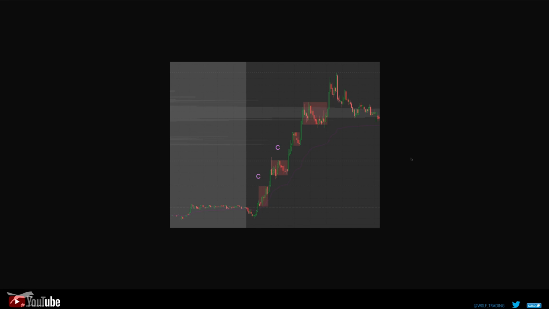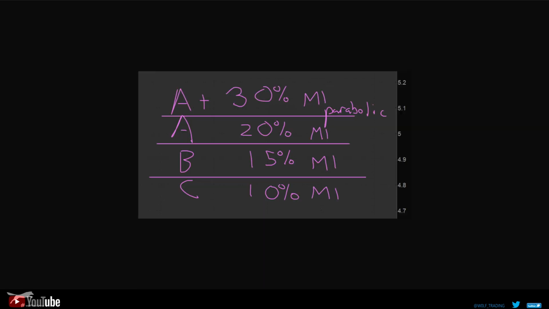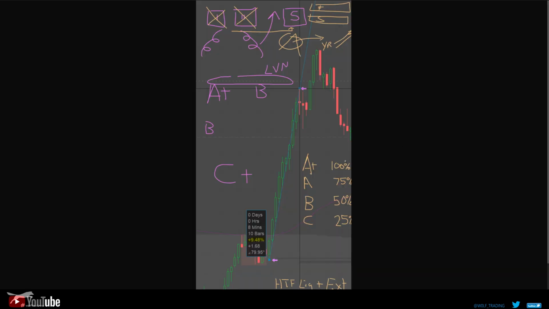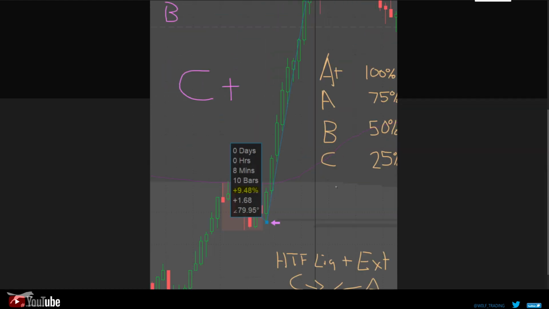When we grade extensions and resistance, that gives us a setup grade, an independent setup grade, so that we can get into our sizing parameters.